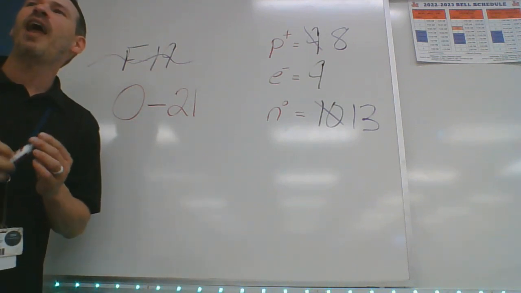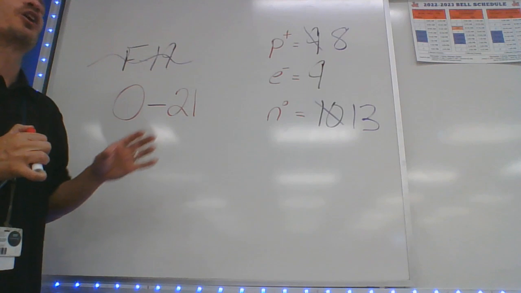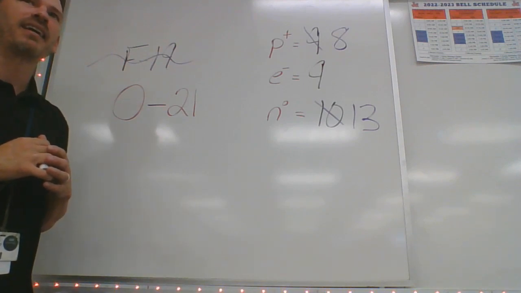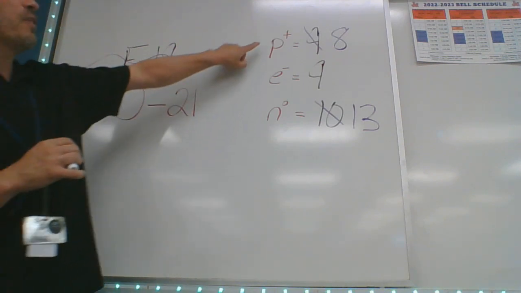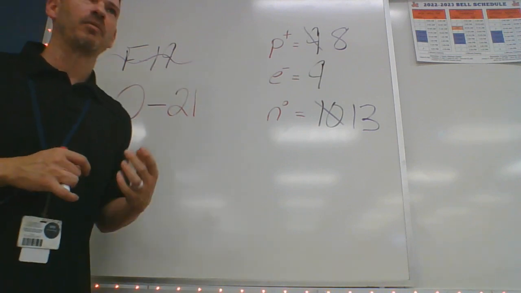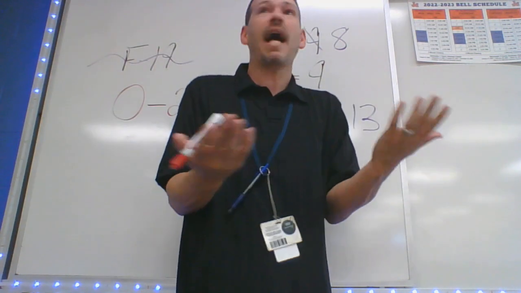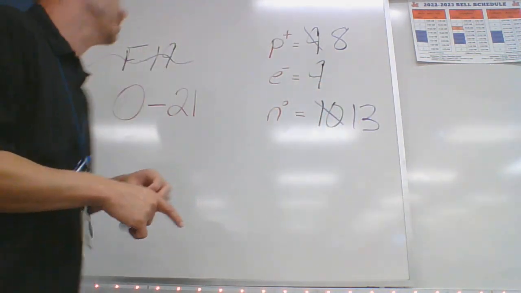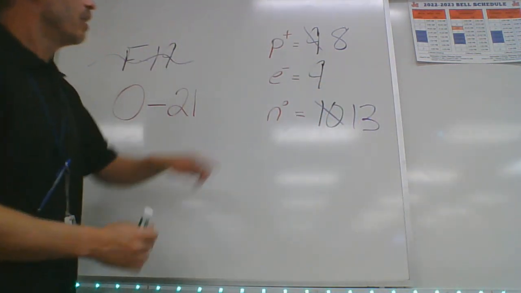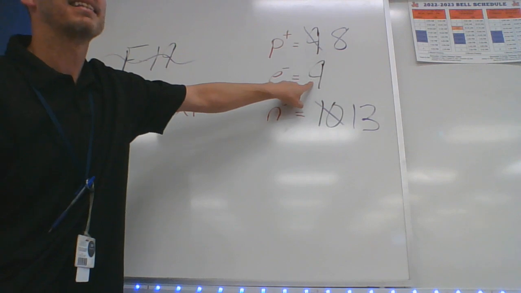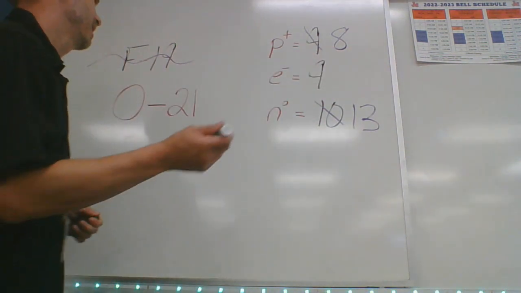Hey, is there anything else interesting, though, about the way these numbers are communicating? You see how the protons and the electrons, they're not the same. The moment they're not the same, there has to be a charge. Who's winning, the pluses or the minuses? See how there's one more minus than there is plus?